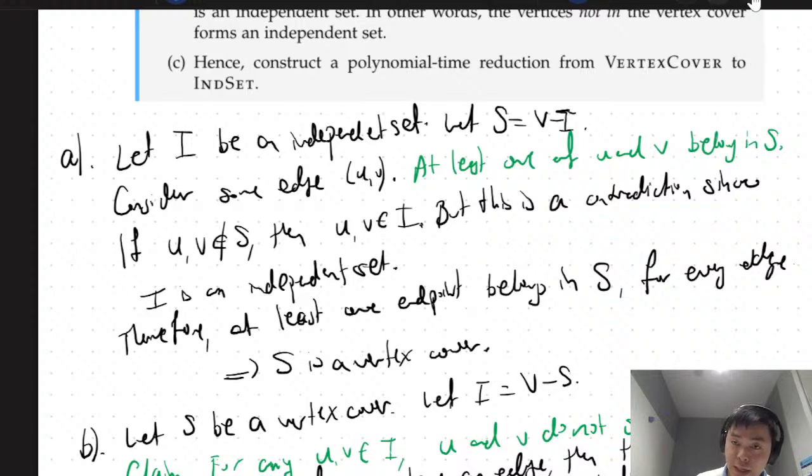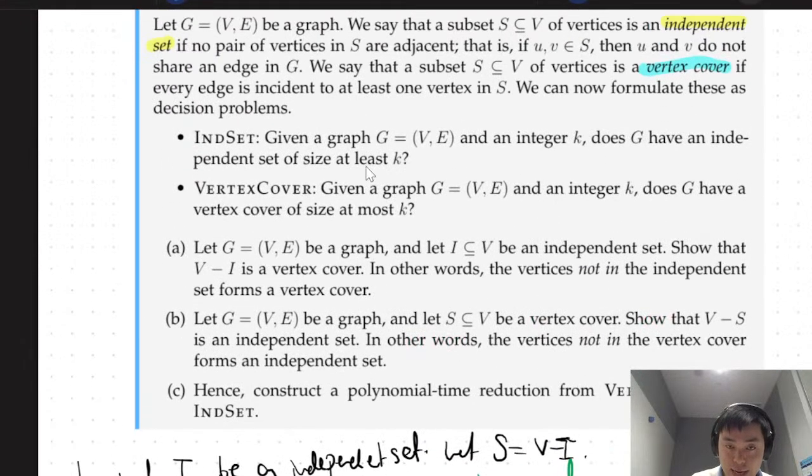And so very quickly, the polynomial time reduction. Notice that we didn't really do anything to the graph. So if we want to write a polynomial time reduction from the vertex cover problem to independent set, all we need to do is just change the k.